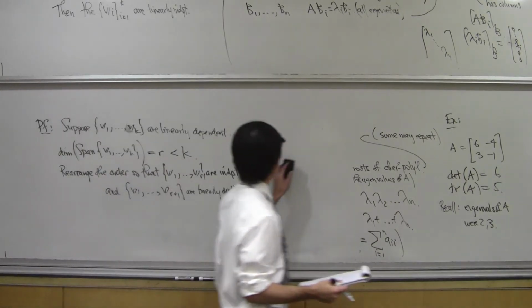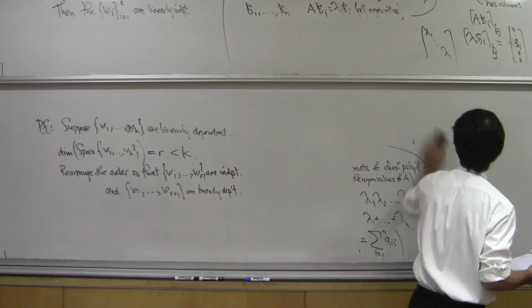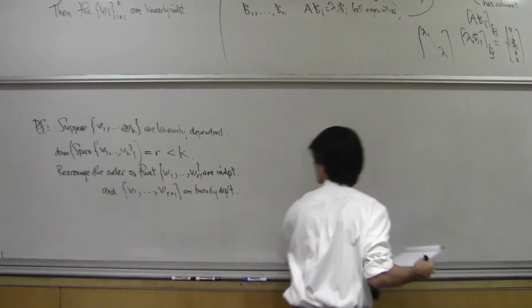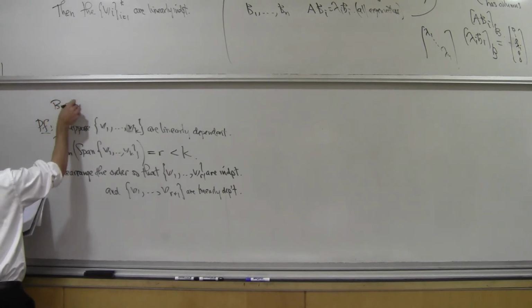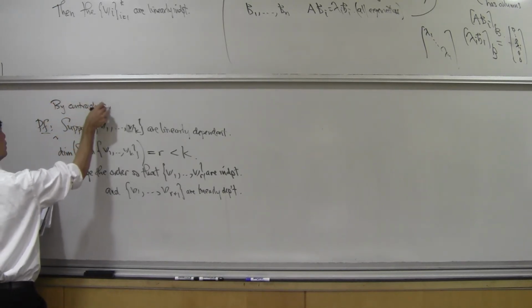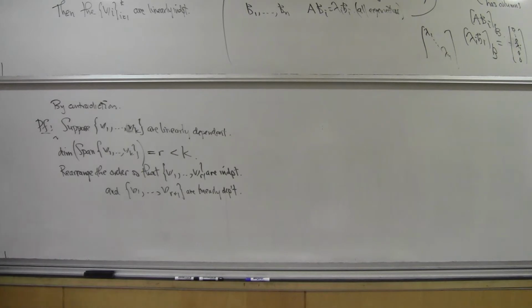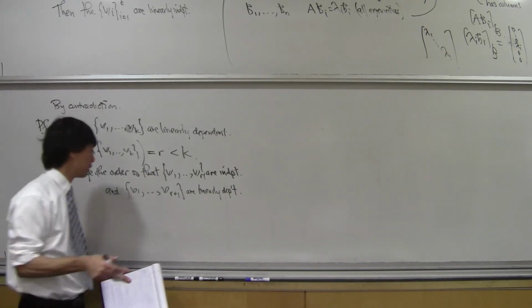And we'll see that we can get a contradiction. So proof by contradiction. Suppose that they're dependent.